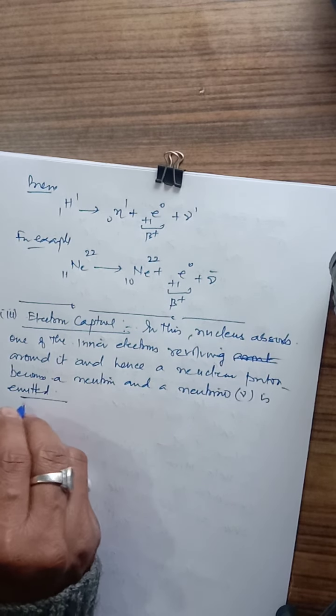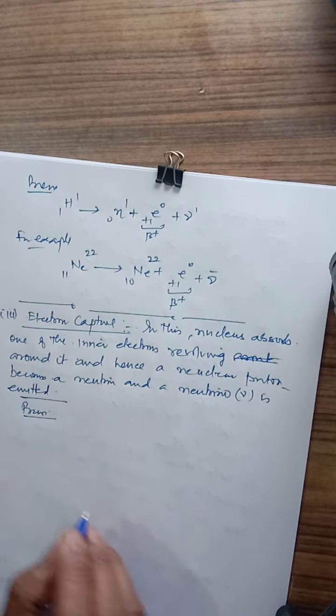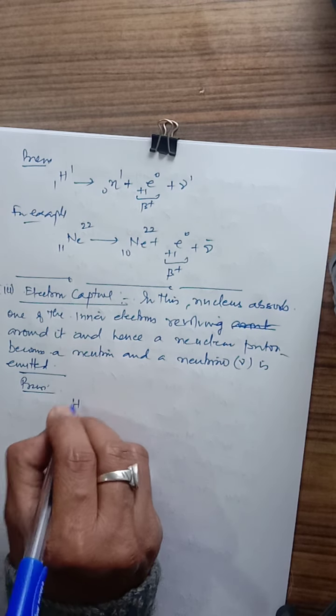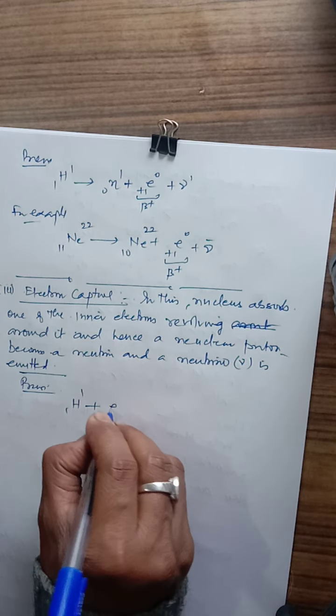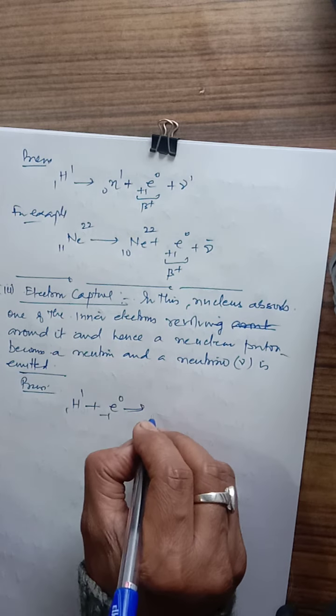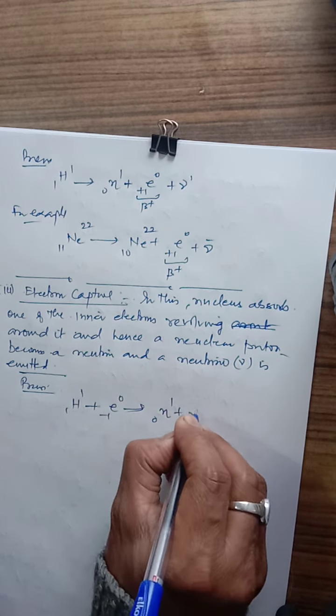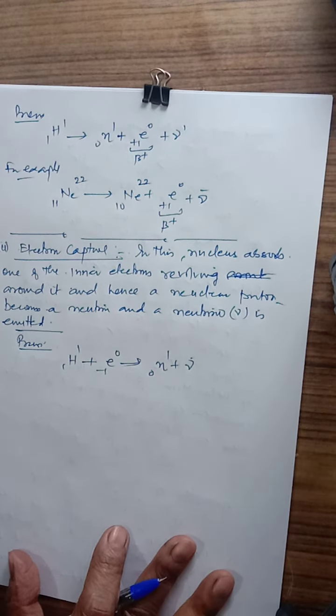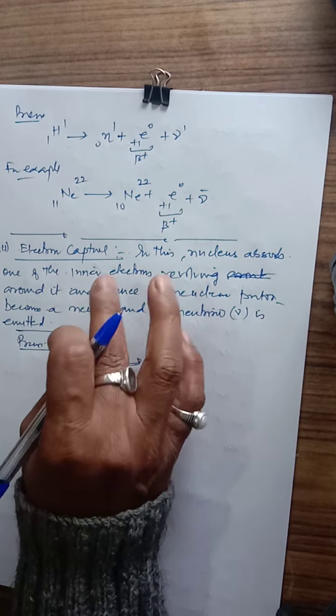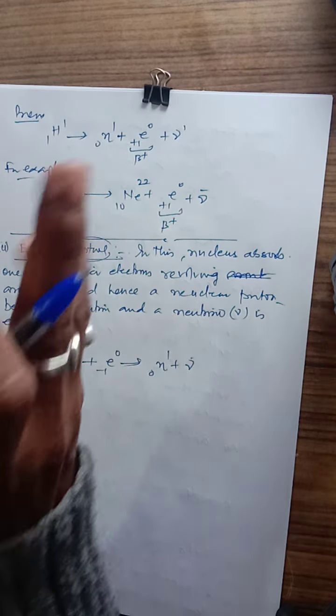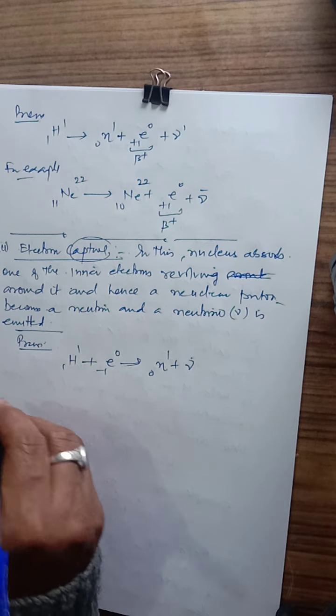The process for this is 1H1 plus an electron becomes 0n1 plus the neutrino. This is the process for electron capture. Capture means to adhere, to accept, to retain.